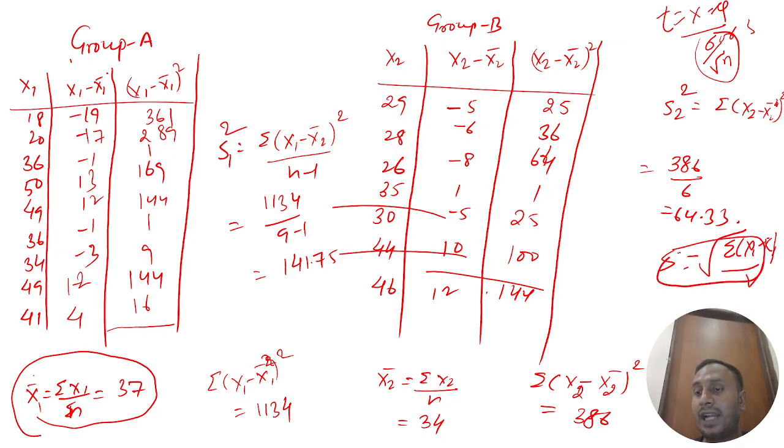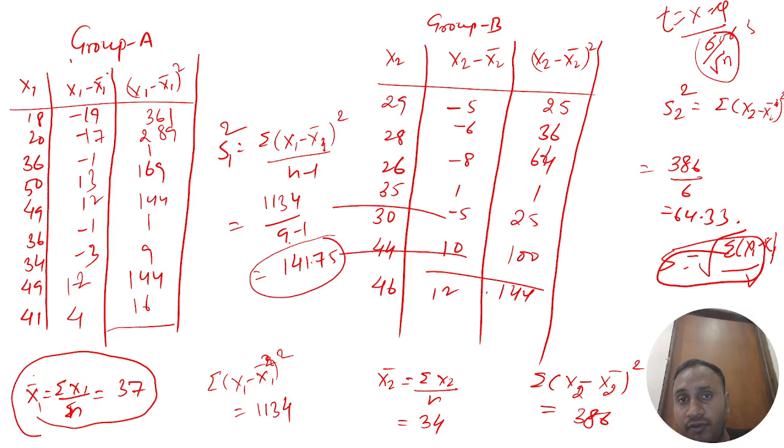Here we have to calculate s1 square, which is the summation of x1 minus x1 bar squared by n minus 1. Because for each population we have a sample, so for each sample we have one degree of freedom, n1 minus 1, and second, n2 minus 1. So we got s1 square.